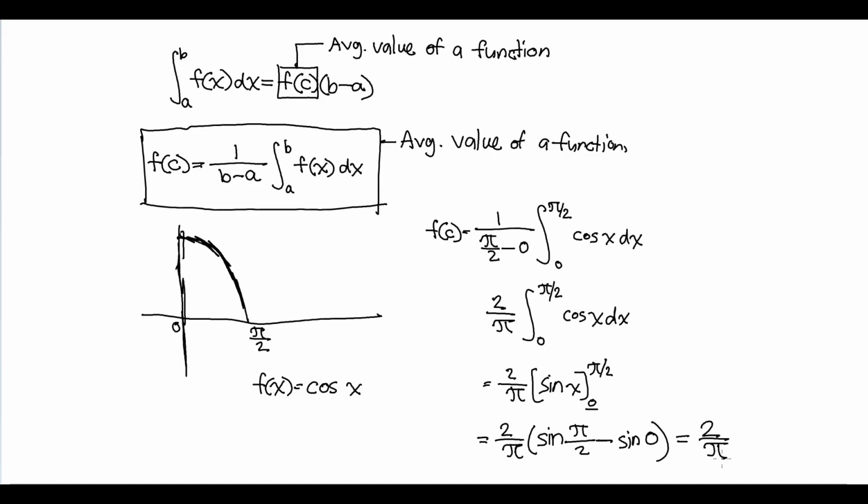So 2 over pi is approximately over here. This is the average value of our function. It makes sense since the majority of the interval is well above the halfway mark.